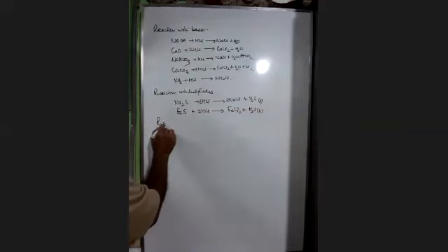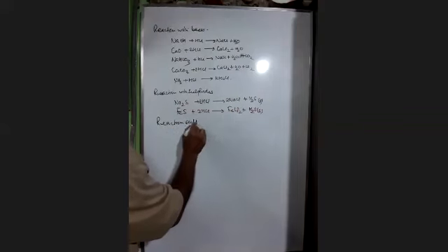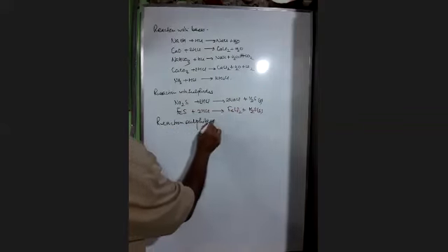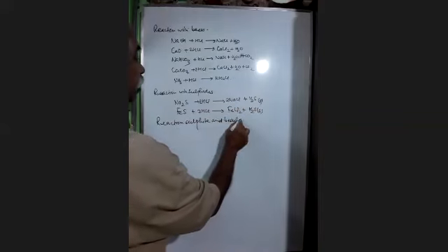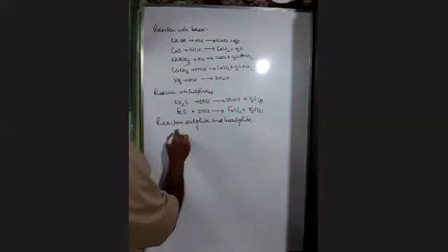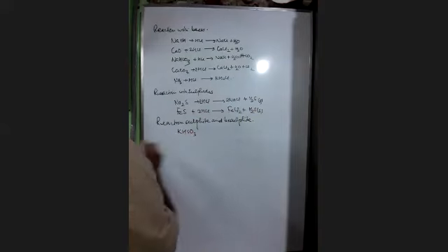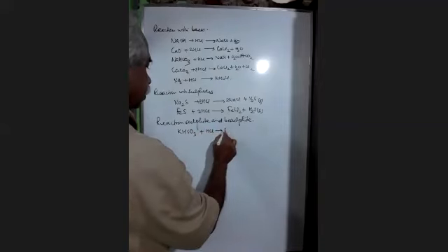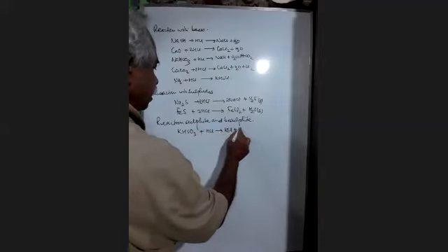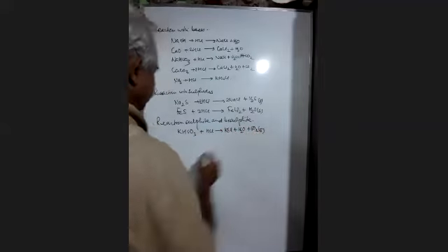Then reaction with sulfites and bisulfites. This we have done already in the preparation of sulfur dioxide. Remember, suppose I have taken potassium bisulfite, and if you add HCl, it will give you potassium chloride, H2O plus sulfur dioxide.